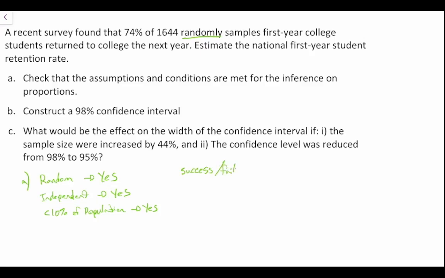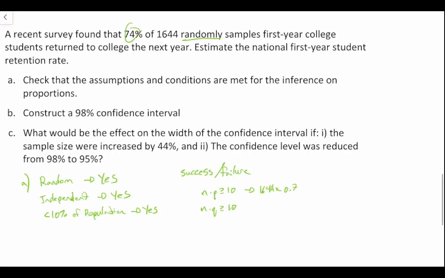Success-failure. Remember that we need n times p greater than or equal to 10 and n times q greater than or equal to 10. In this case, we have an n of 1,644 times a p of 0.74, which is equal to 1,217, and n times q, 1,644 times 0.26, is equal to 427.